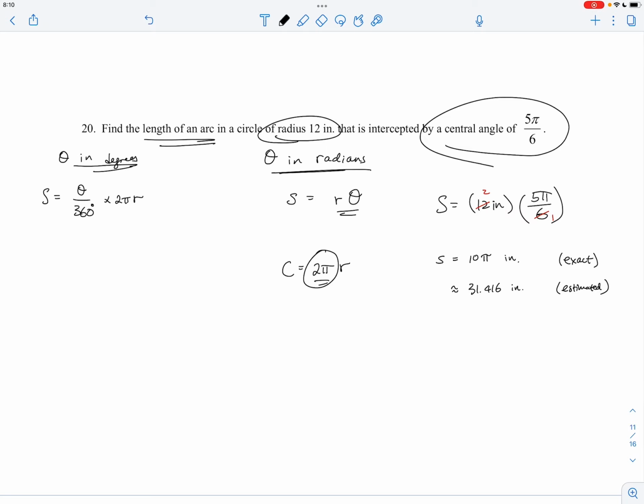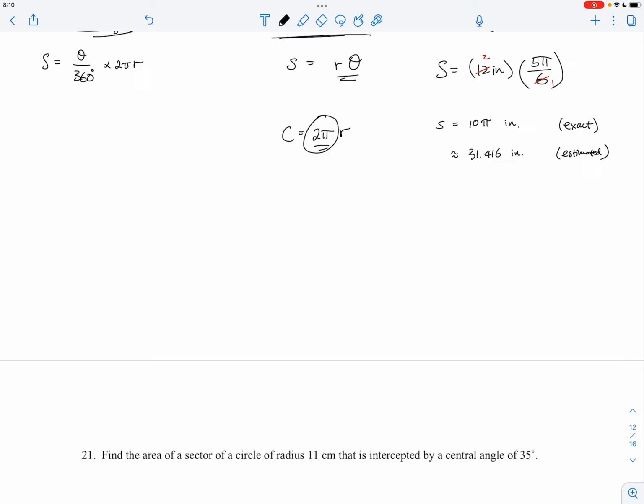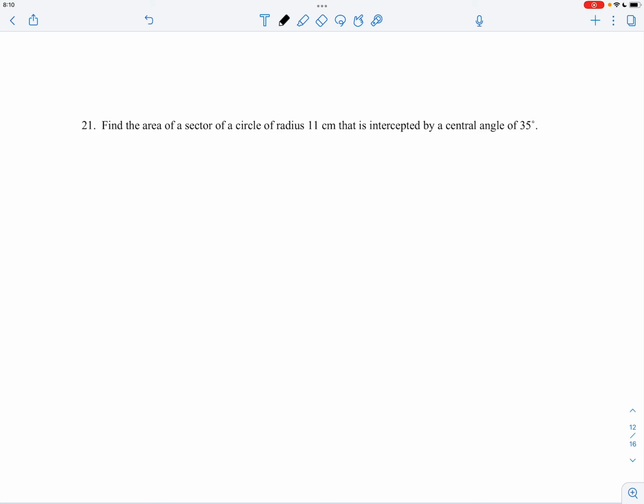Okay, and then for the next one, question 21, we have the area of a sector. A similar idea to the previous one: area of a sector is part over whole. If theta is in degrees, it's theta over 360 degrees times pi r squared.